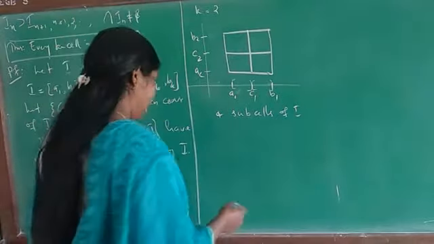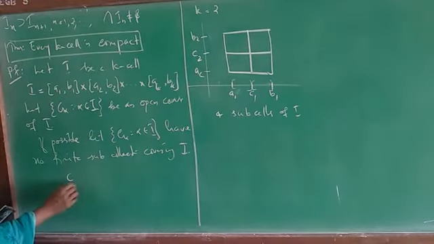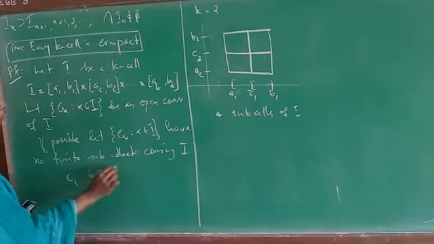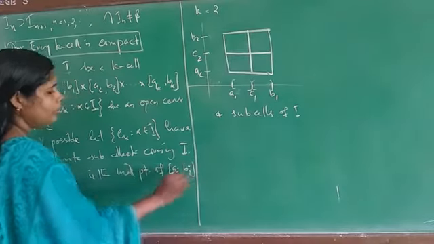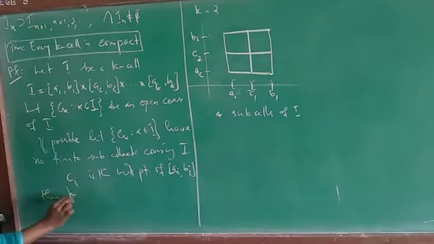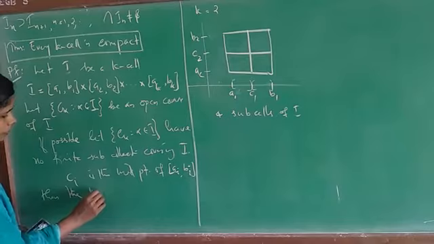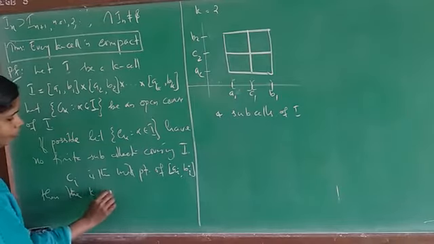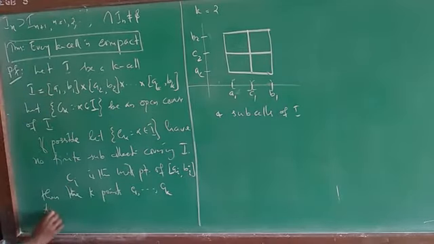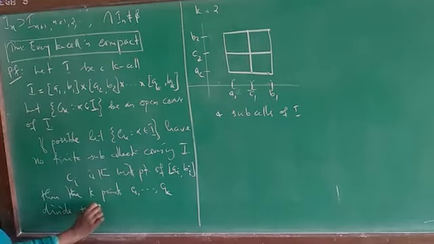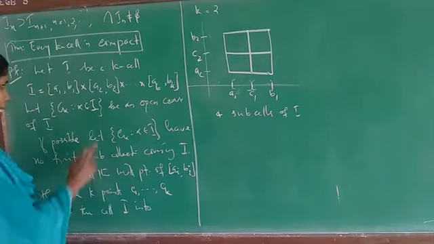Okay, so in general, consider the midpoints. If c_i is the midpoint of [a_i, b_i], then the k points c_1 through c_k divide the k-cell I into how many subcells in R^k?